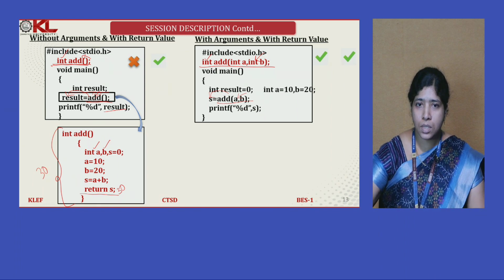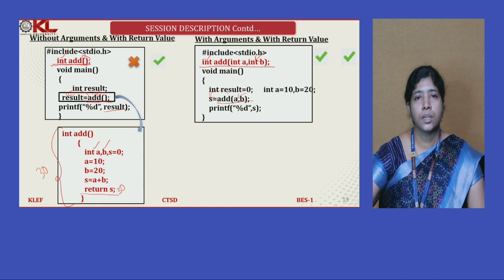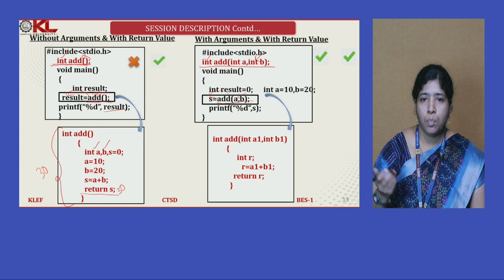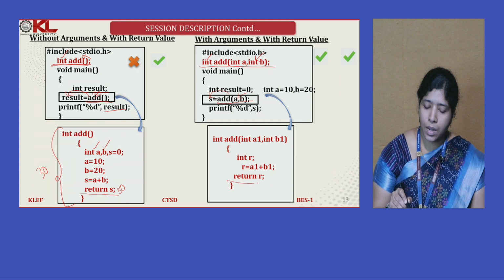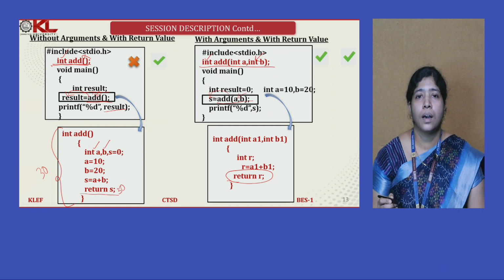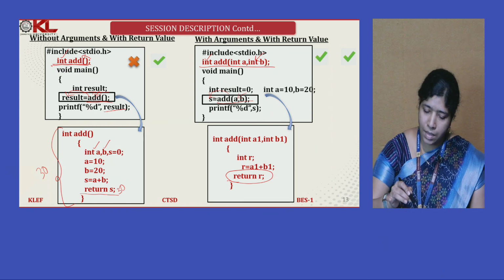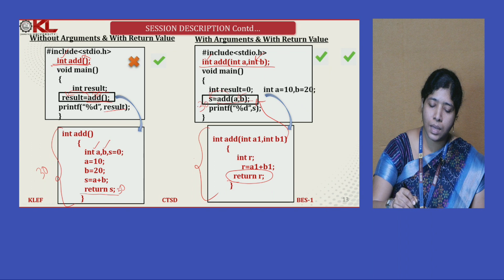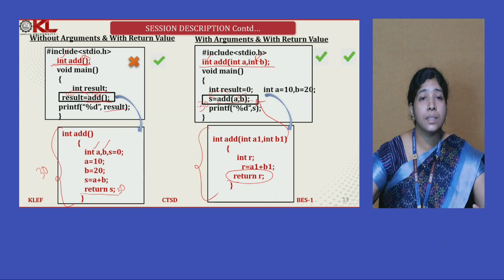The processing should be done in the user function. In the user function, I have written the logic as a1 plus b1, and can you see something written as r? The result will be 30, and the 30 is returned back here, stored in S, and S is printed.